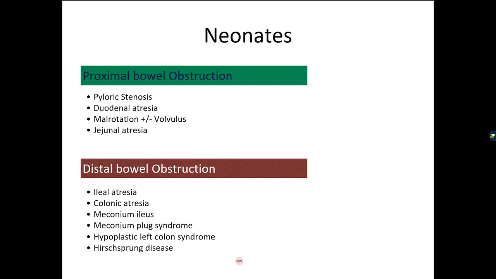Distal bowel obstruction can occur due to ileal atresias, colonic atresias, meconium ileus and meconium plug syndromes, hypoplastic left colon syndrome or small left colon syndrome, and Hirschsprung disease. Those are common causes of proximal as well as distal bowel obstruction in neonates.